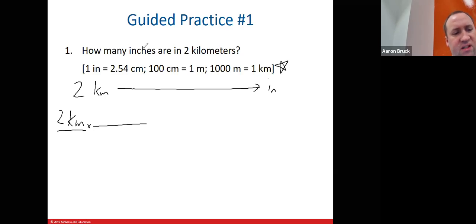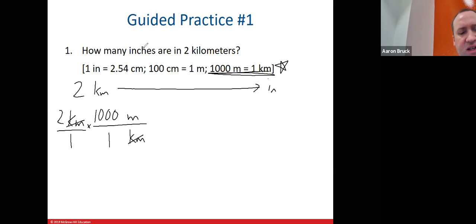Since kilometers is in my numerator here, my first conversion factor should have kilometers in the denominator so that the kilometers cancel out. Because in the end, I don't want kilometers, I want inches. So every unit that I have that is not inches needs to cancel out by the end of the practice. I'm going to use this first conversion and go between kilometers and meters. Conversion says that there's 1,000 meters in every kilometer.